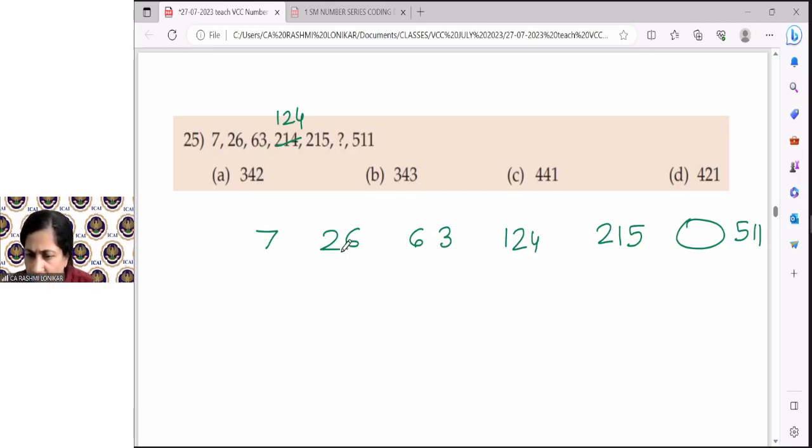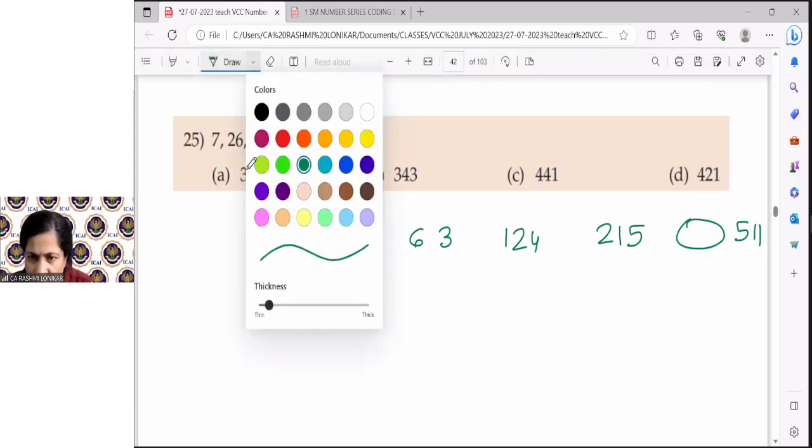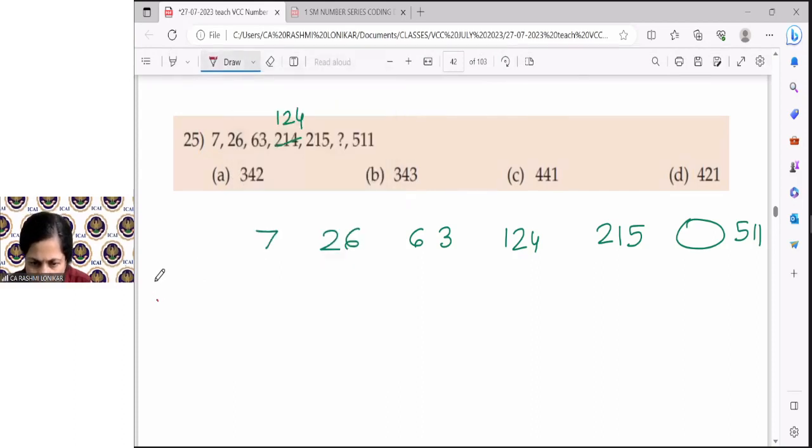Now again, I can see this to be 7. So I'm writing 7. I'll just write it over here. 7 is equal to 2 cube minus 1. 2 cube is 8. 8 minus 1 is 7. 26. 3 cube is 27. 27 minus 1.